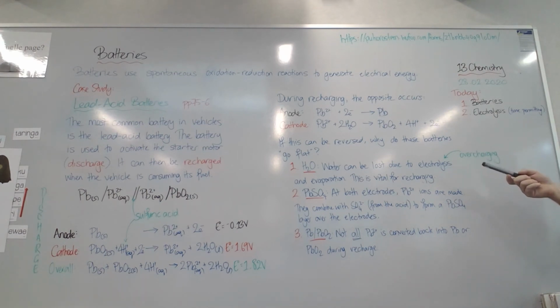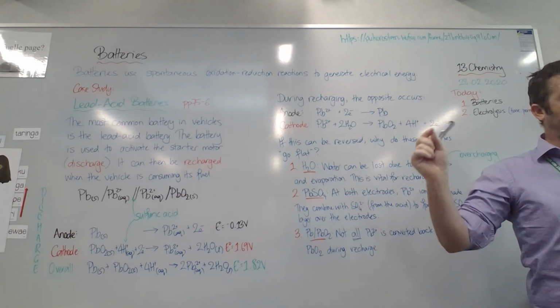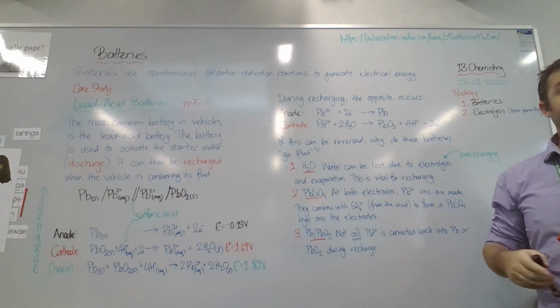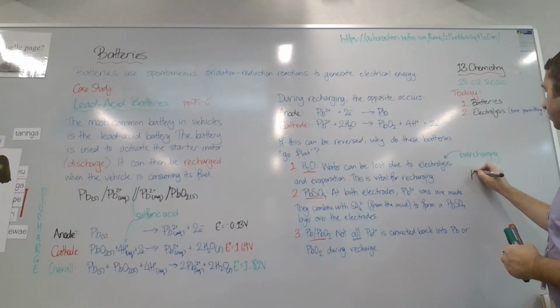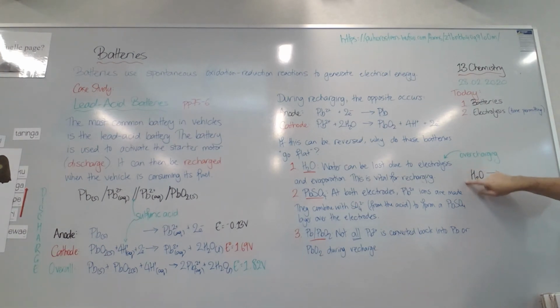As you're recharging the battery, it gets hot. And because it gets hot, and there's little vents in the top of the batteries, we lose water through evaporation. But as well as that, if you overcharge the battery, then the water molecules split up, as you can do, this is what we're doing for redox.